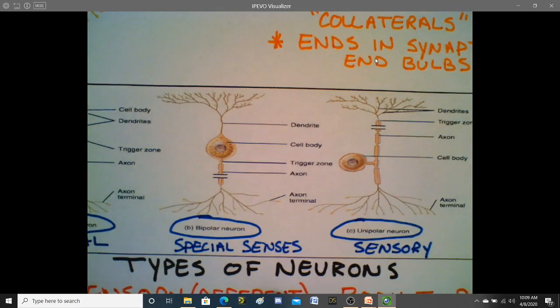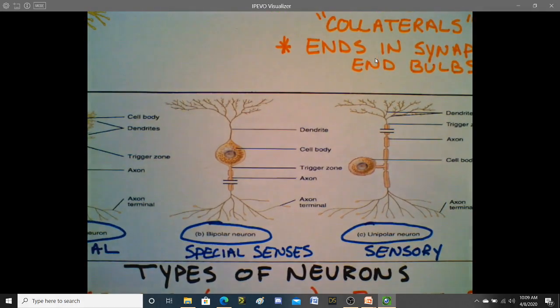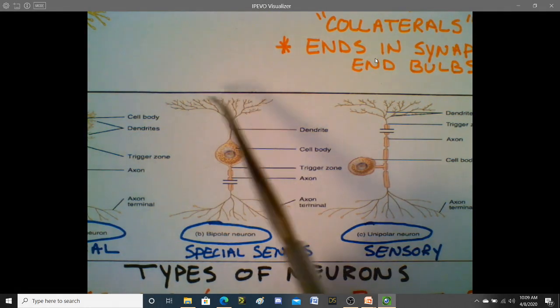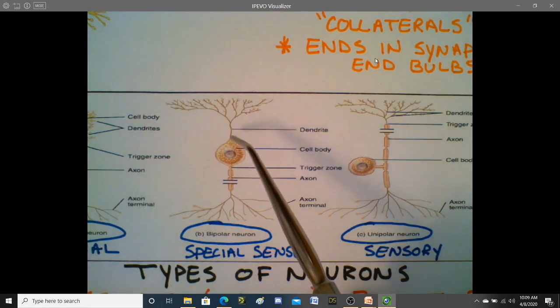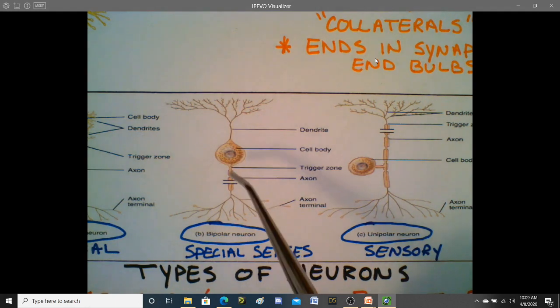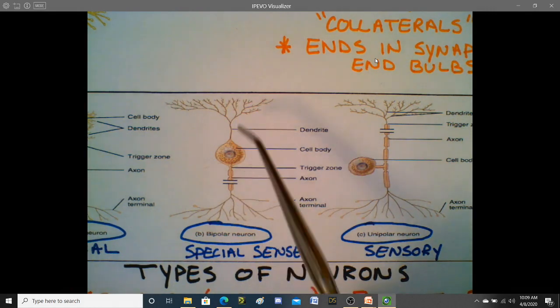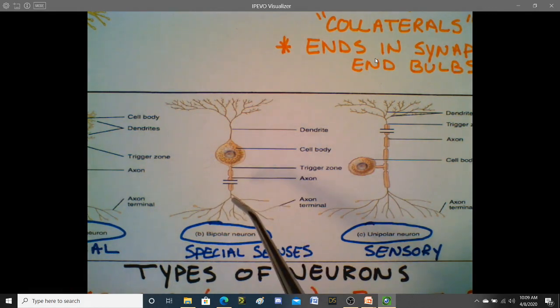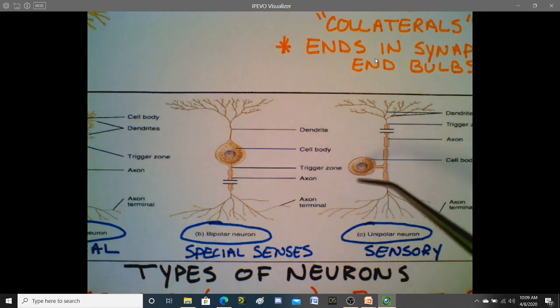We have bipolar neurons. Bipolar neurons are going to have one main dendrite. It's branched, but see how it's one main dendrite? It's going to have a cell body and then an axon. So it's bipolar. It only has two big components to it. And then we have a unipolar, which has the dendrite and axon basically connected right to each other, with that cell body off of the main pathway of the action potential.